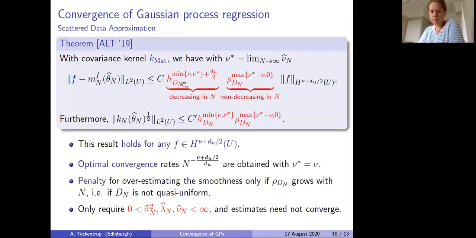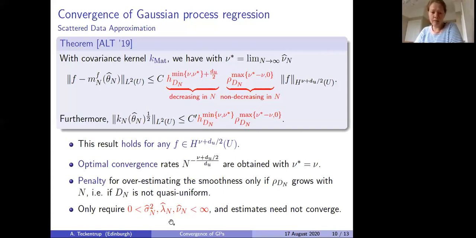And that's because you end up using basis functions which are less smooth than your function f. If you're overestimating the smoothness, then you might have to pay this penalty here. If your points are not uniform, then you have this mesh ratio that was increasing in n. And so you're essentially then paying the penalty for using basis functions k that are smoother than your function f.